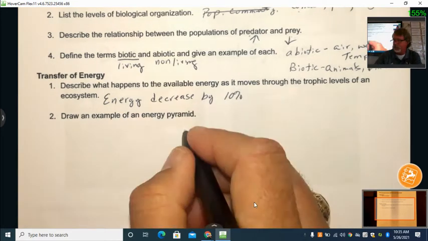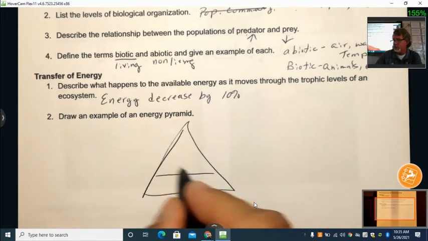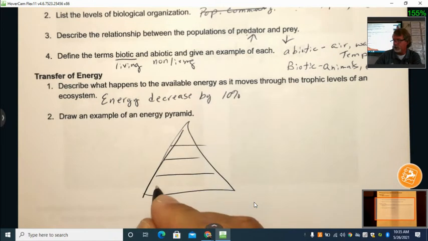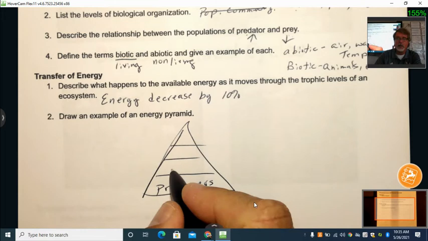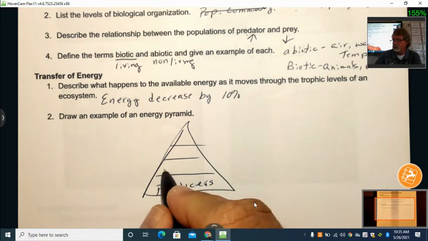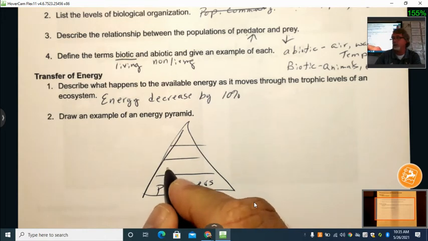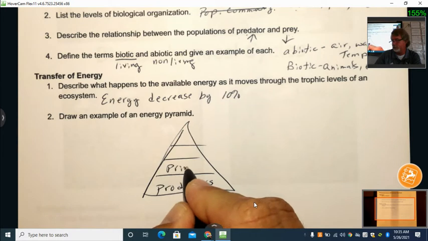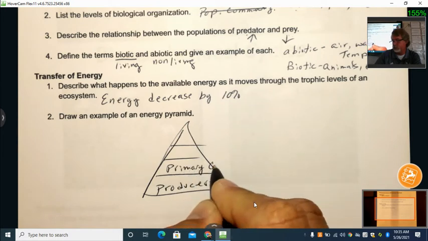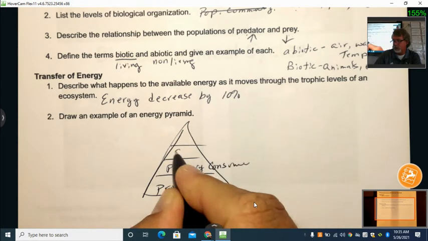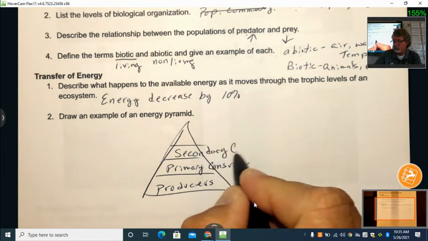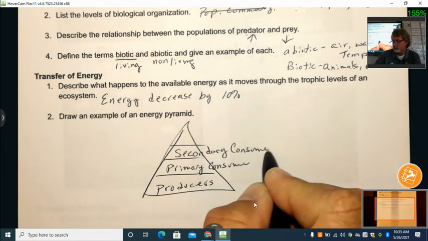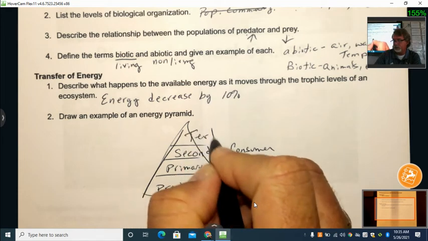Draw an example of an energy pyramid. Okay, so at the bottom we got producers. Then we got our primary consumer, secondary consumer, and then tertiary.